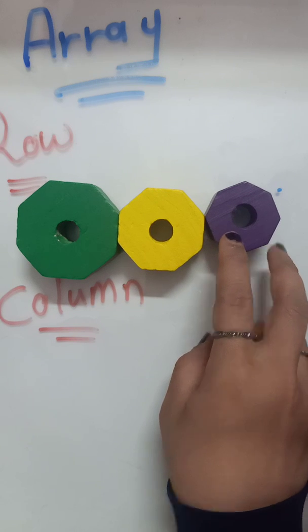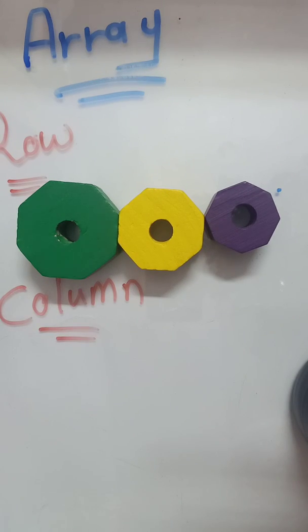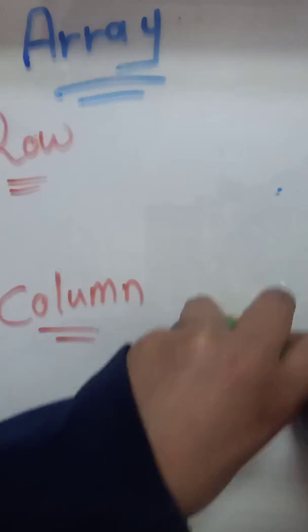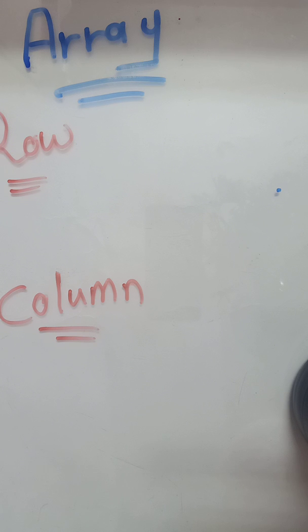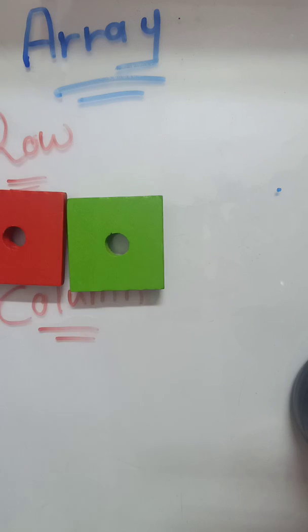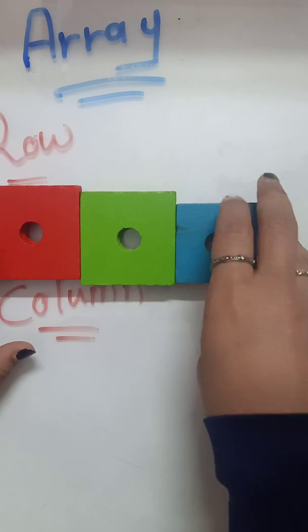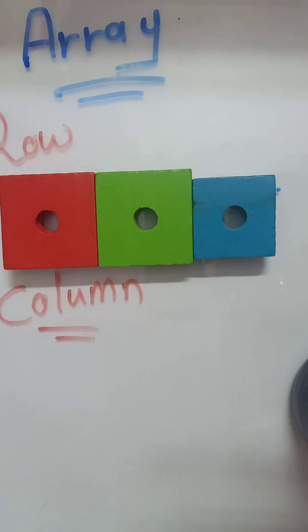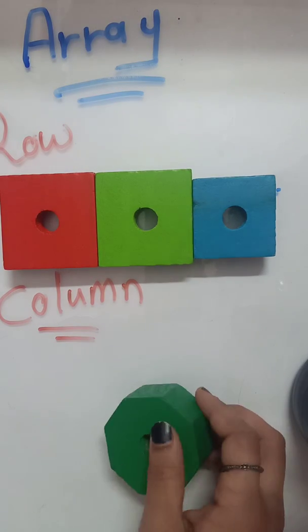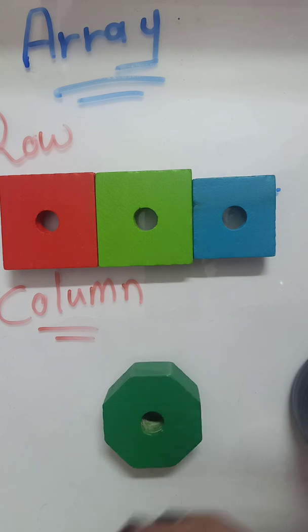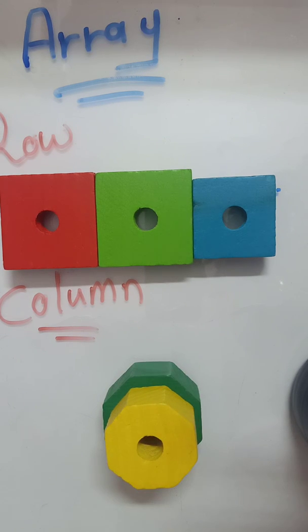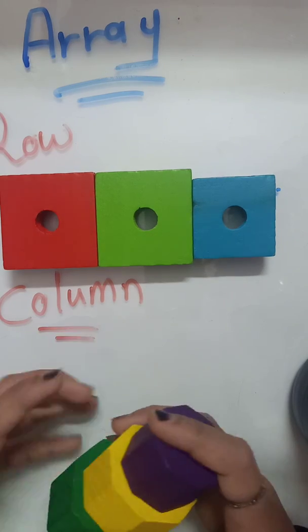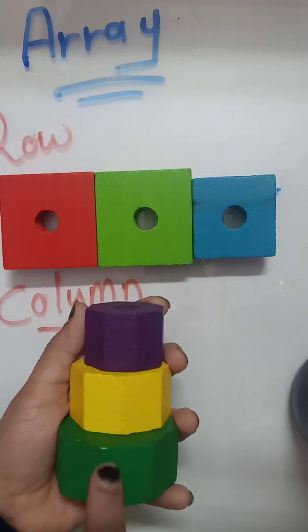Another example: if we have some squares and put them side to side, this is called row. But if we put them from down to up, this is called column.